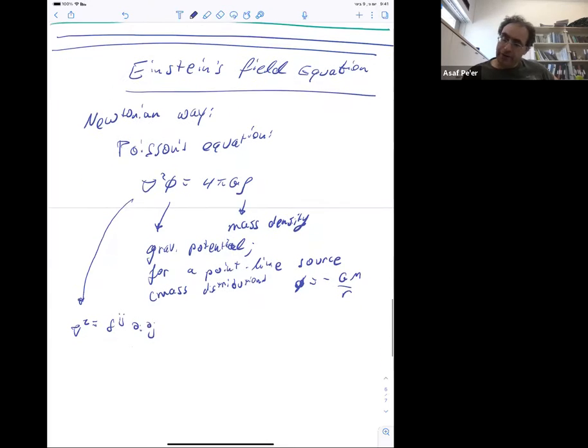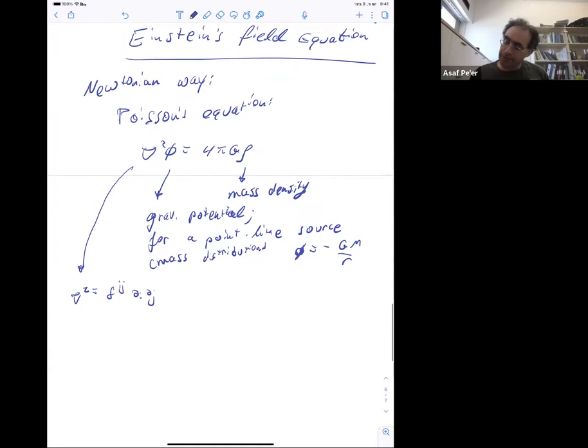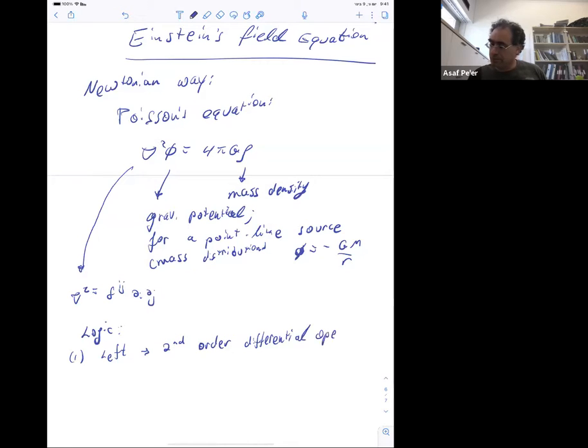Now the logic goes as follows. If we look at the left-hand side, what do we see? We see a second-order differential operator that acts on the potential.